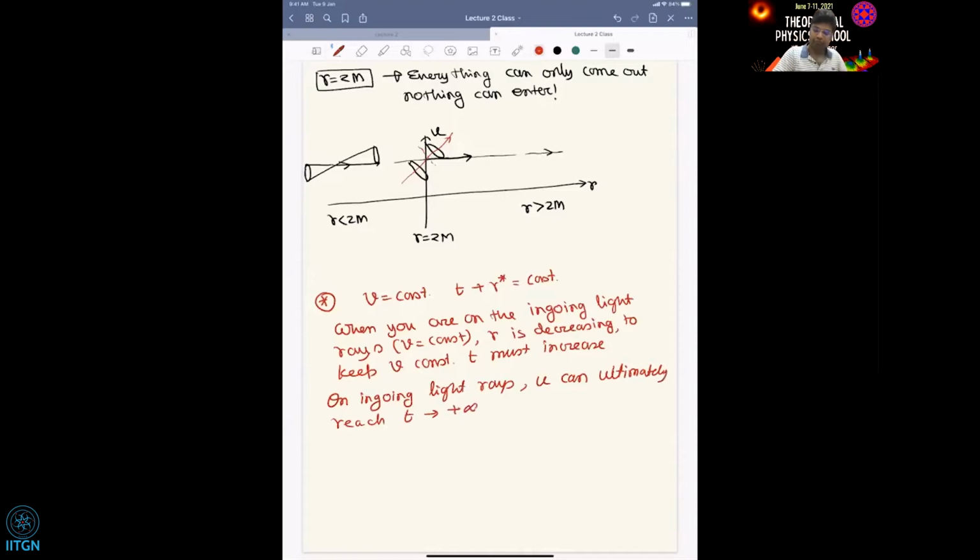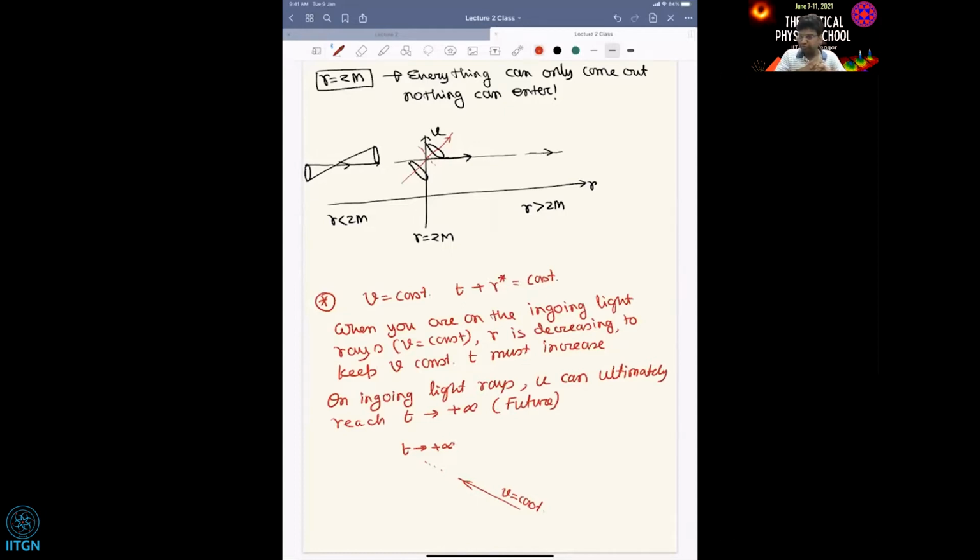The future. So that is very important to understand. When you are reaching ingoing light rays, v equal to constant, you are reaching a region in space-time which is t goes to positive infinity, the asymptotic future.